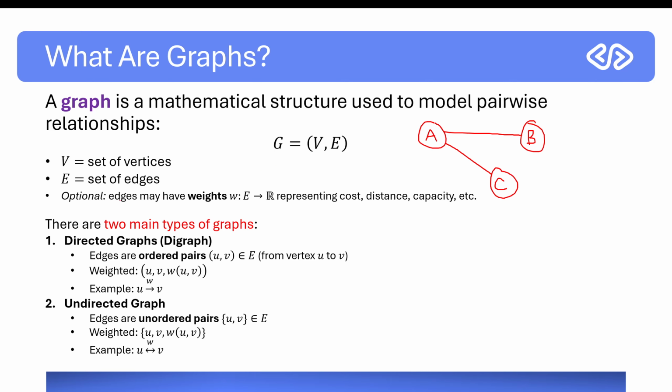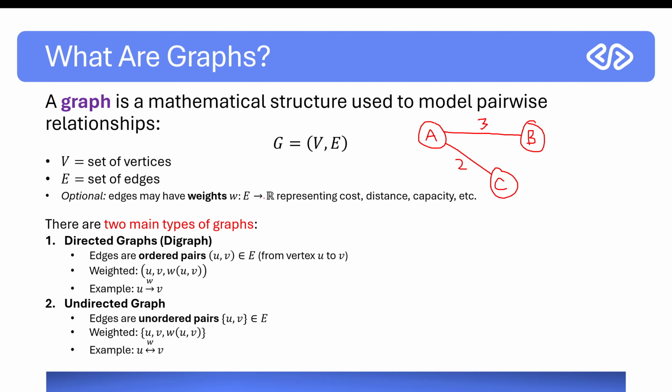And then optionally, we can have weights. Weights are very good for things like shortest paths, where they could represent distance or cost, how costly something is. So we can have weights here. We don't have to; maybe you just wanted to demonstrate connectivity, not weights.